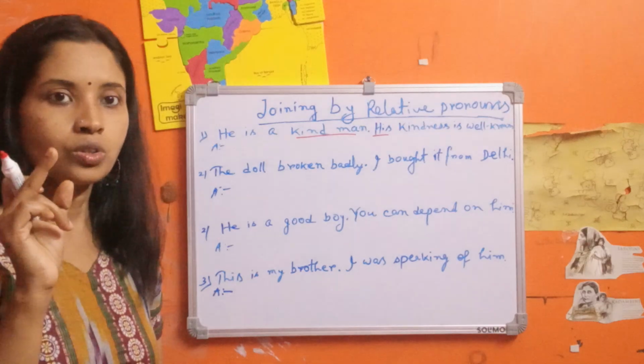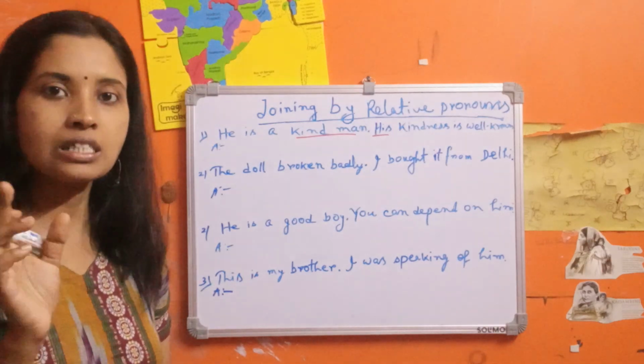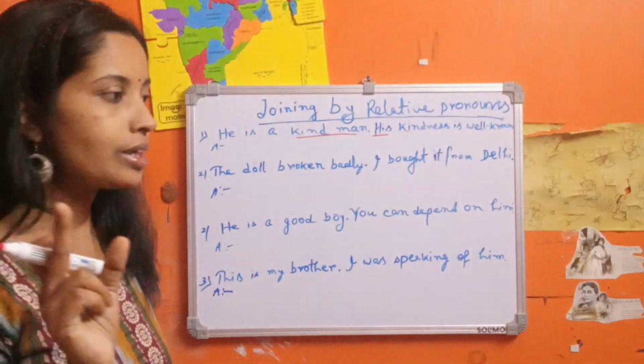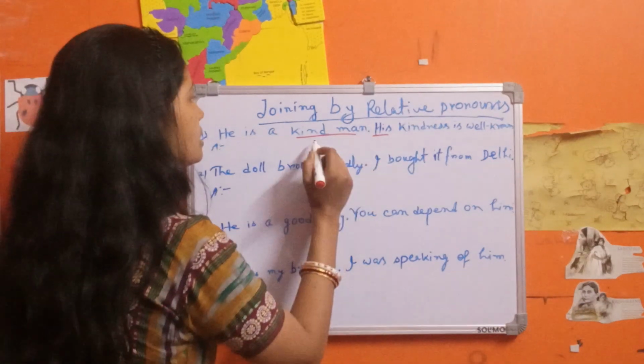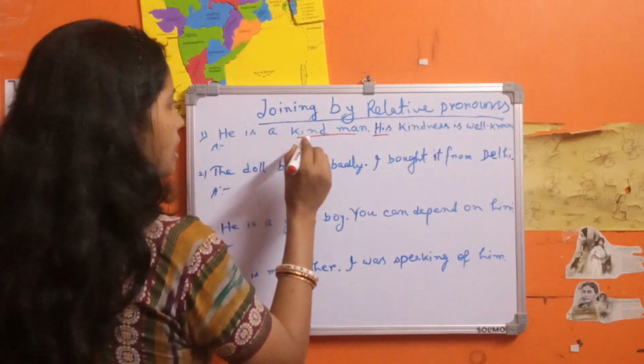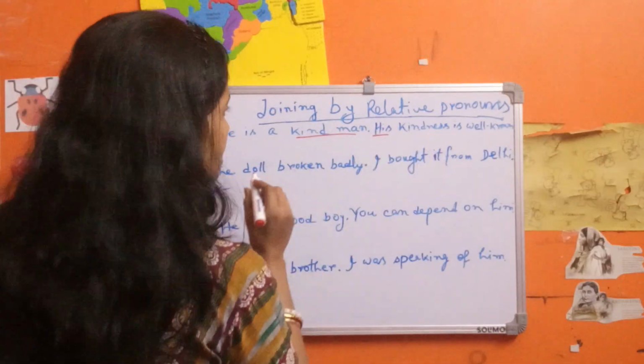Whose, who. These are the pronouns that connect two living things. Here, kind man is a living thing. He is a kind man. His kindness is well known.